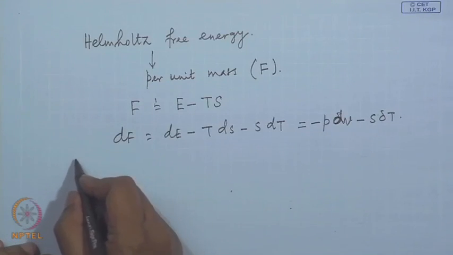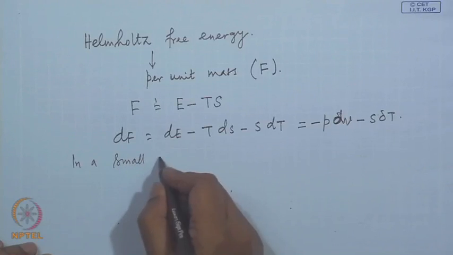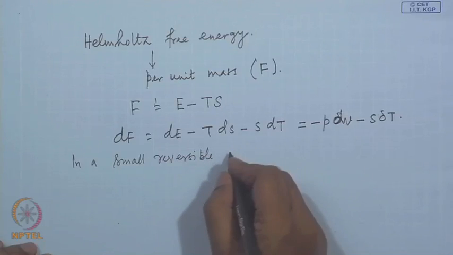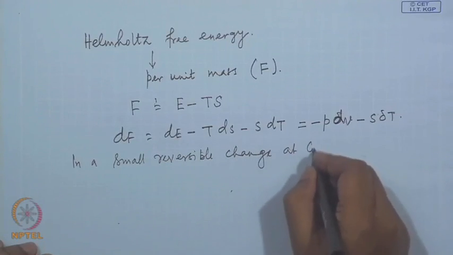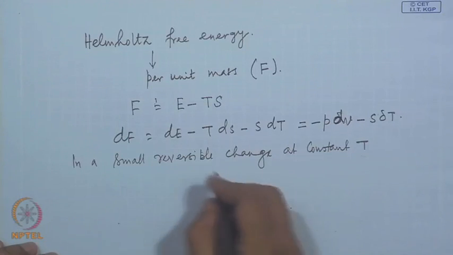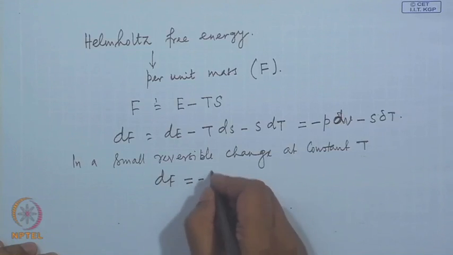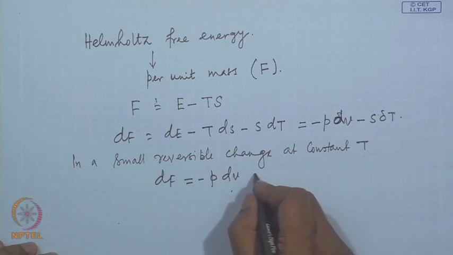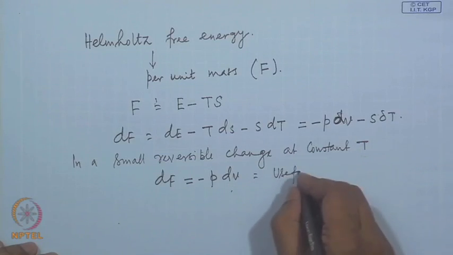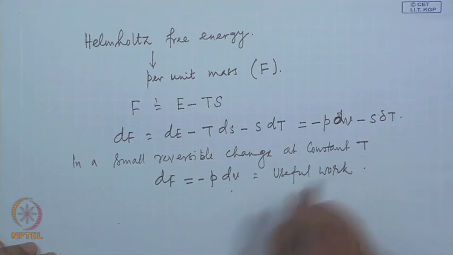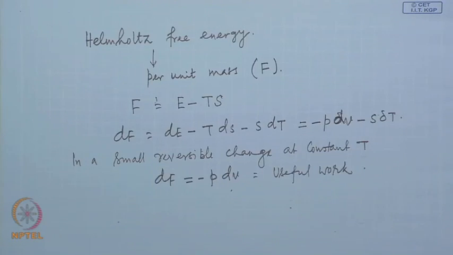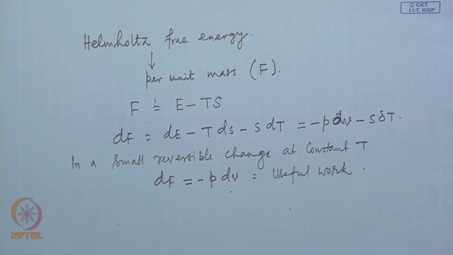So you see that if we have an isothermal small reversible change, then the gain in free energy is the work done on the system.